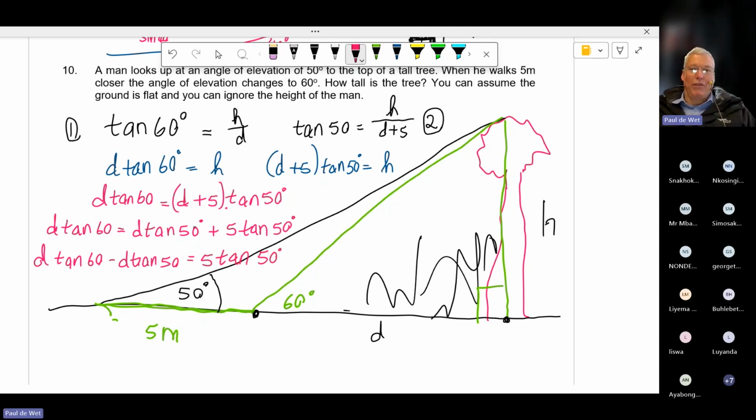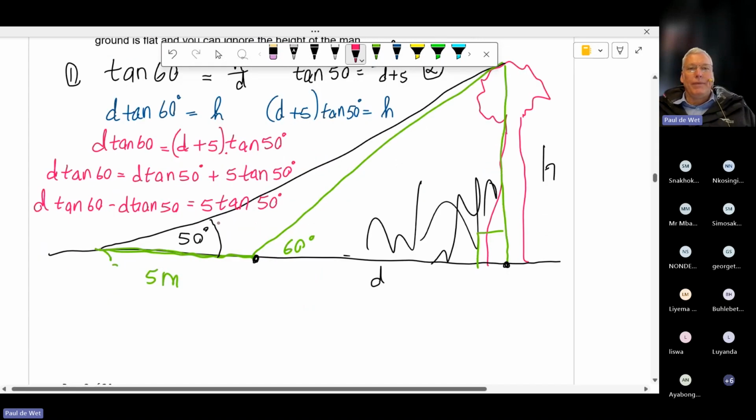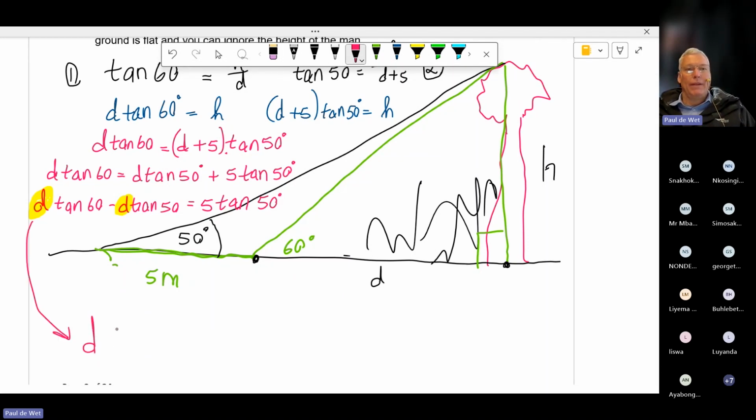Okay, we're nearly there with this question. I want to see if anyone can tell me, how am I going to sort out my d being in 2 different places? What mathematical technique can I do to just get d in one place?